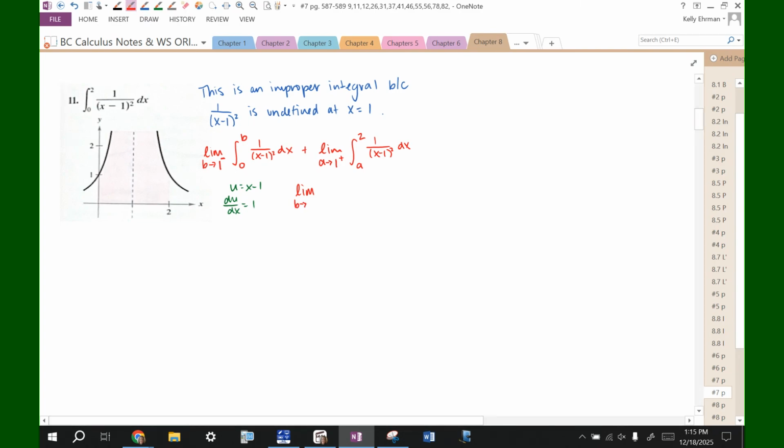Limit as b approaches 1 from the left of 1 over u squared, so u to the negative 2. That'll be u to the negative 1 over negative 1, or negative 1 over u, which is x minus 1, from 0 to b. Add to that the limit as a approaches 1 on the right of the same antiderivative. We're going a at the bottom, 2 at the top.